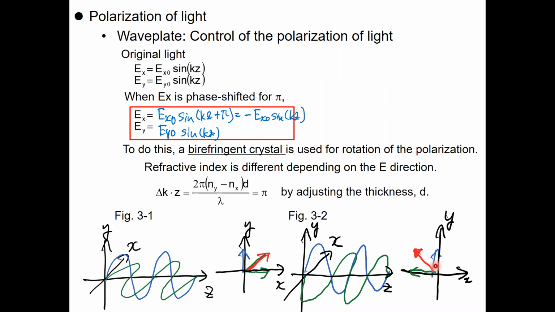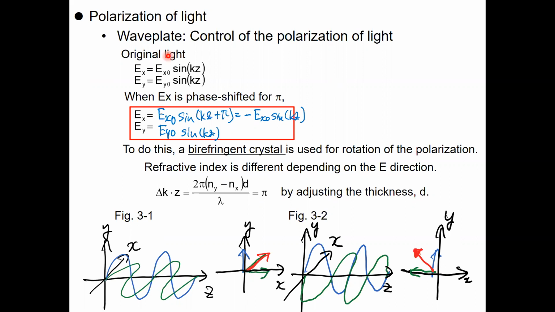So the originally light polarization in this direction changes into this direction. In some cases we want to do this because we want to control the polarization of the light, and sometimes a specific direction of polarization can give a response of the material.